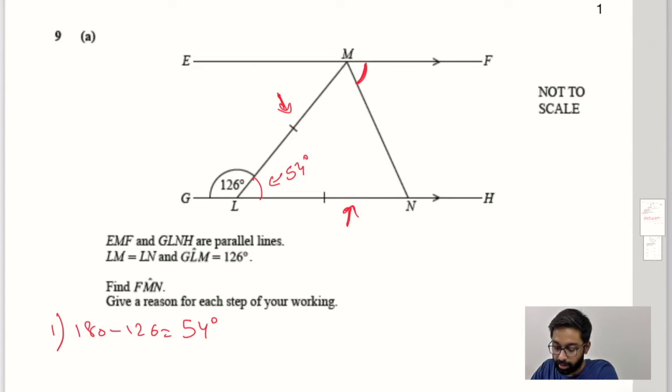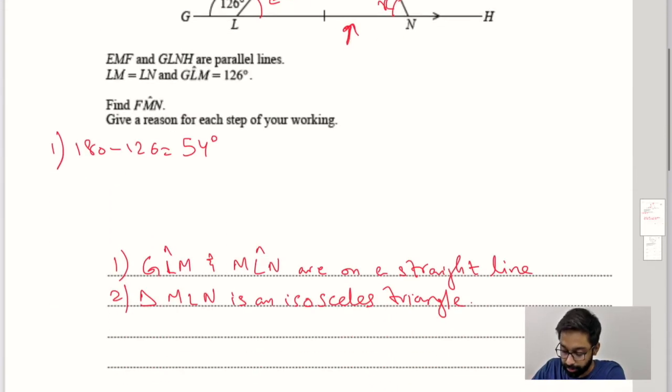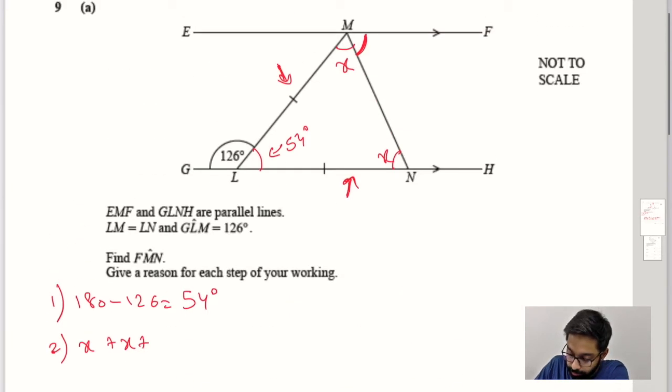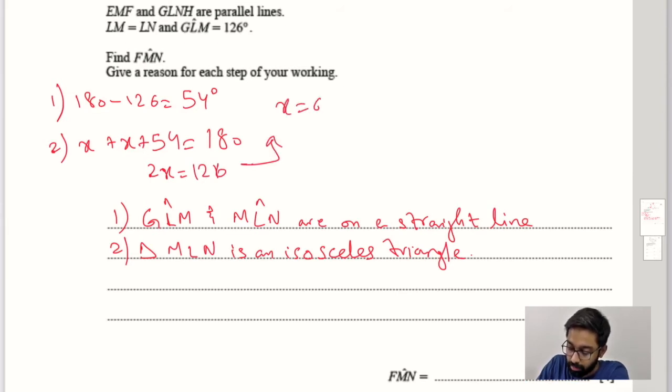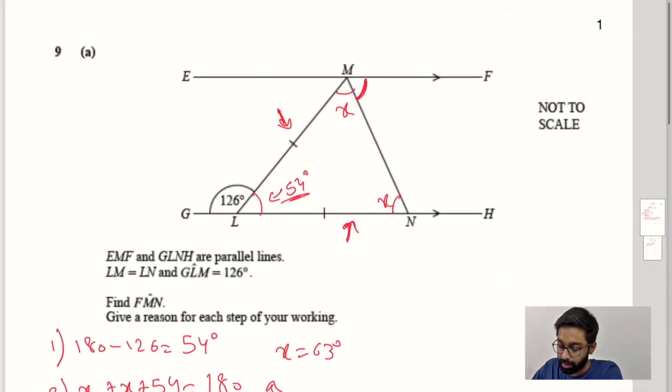If triangle MLN is isosceles, this angle and this angle are going to be the same. So if this is x, this is going to be x as well. So let's find x. x plus x plus 54 gives us 180. So 2x is equal to 180 minus 54. That gives us 126. When you divide 126 by 2, you get 63. So this angle right here is 63 degrees.